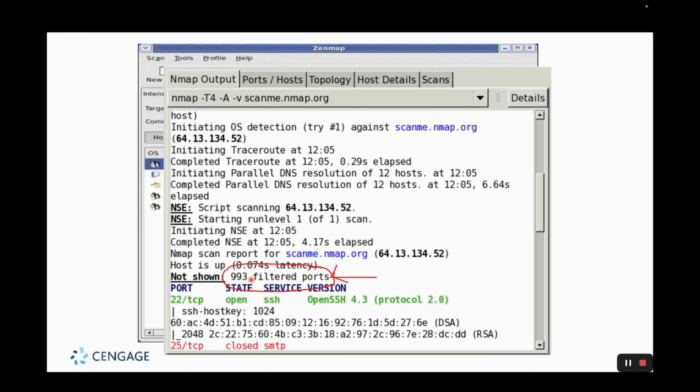When a port is in a filtered state, it does not respond to any request or probes sent to that port number.